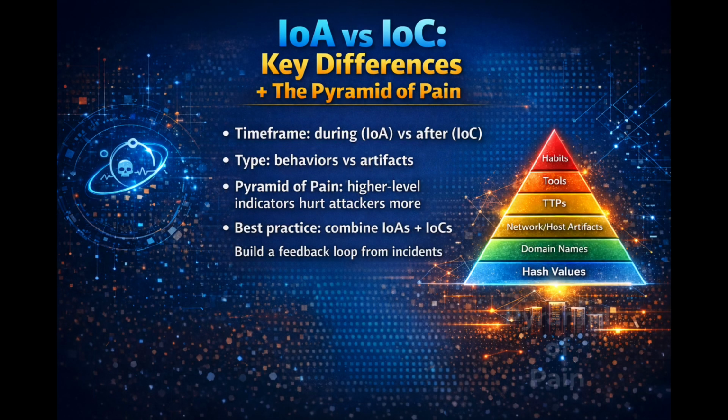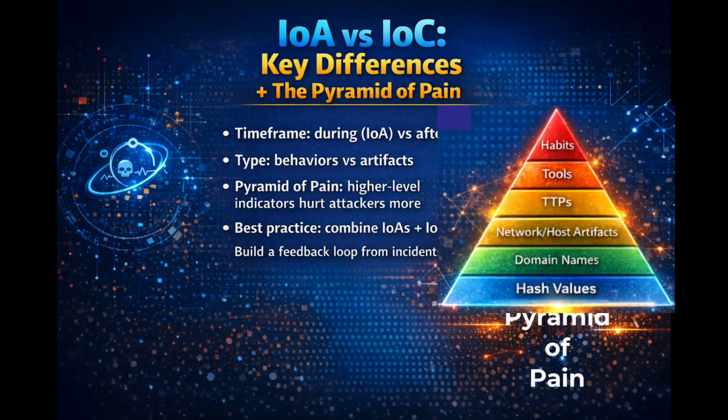Let's compare them side by side. As to time frame, IoAs are during. They help you spot an attack as it unfolds. IoCs are often after. They confirm compromise and help reconstruct what happened. As to scope, IoCs are frequently atomic artifacts, hashes, IPs, domains, while IoAs tend to be behavioral patterns or sequences.